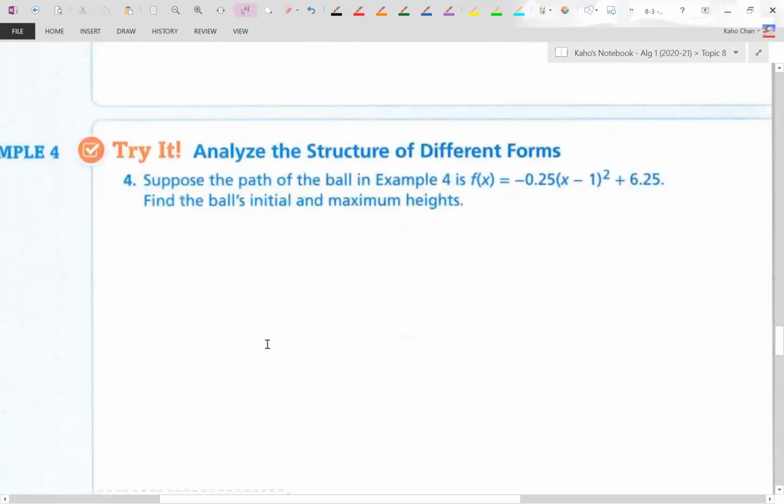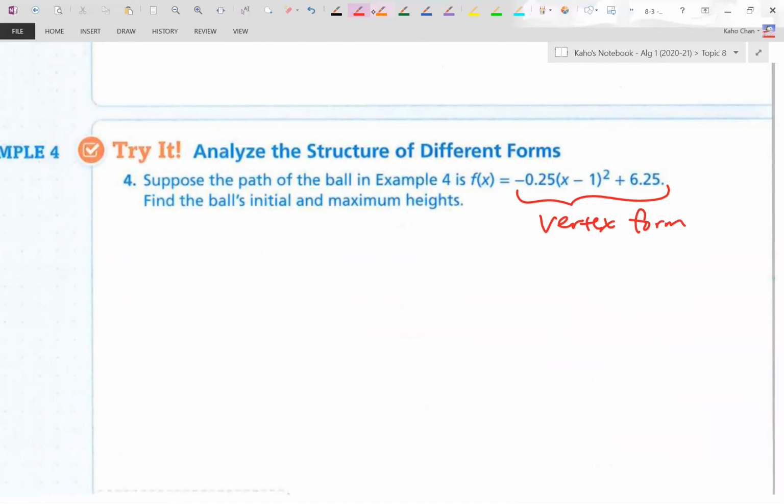Now this is interesting. They throw this type of a question into this section. I don't know why, but this particular problem is in vertex form. And of course, just a quick reminder, a times x minus h squared plus k.